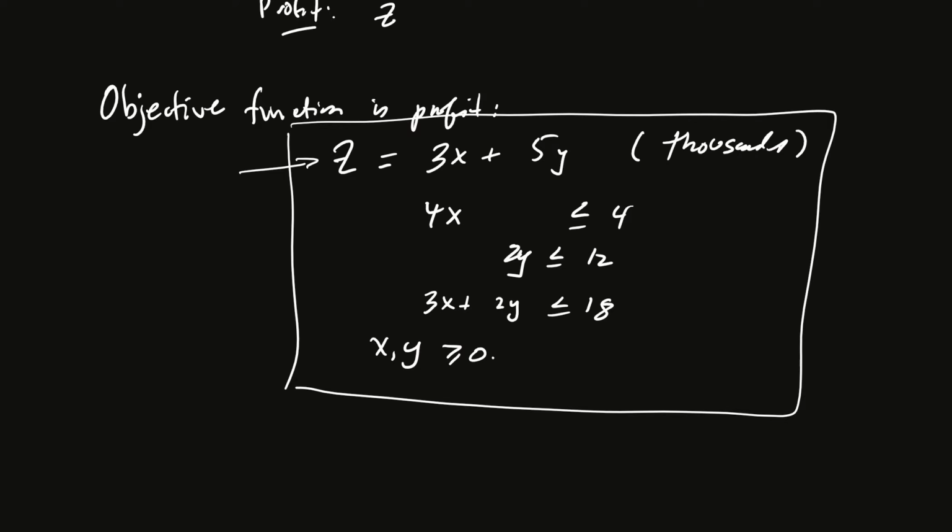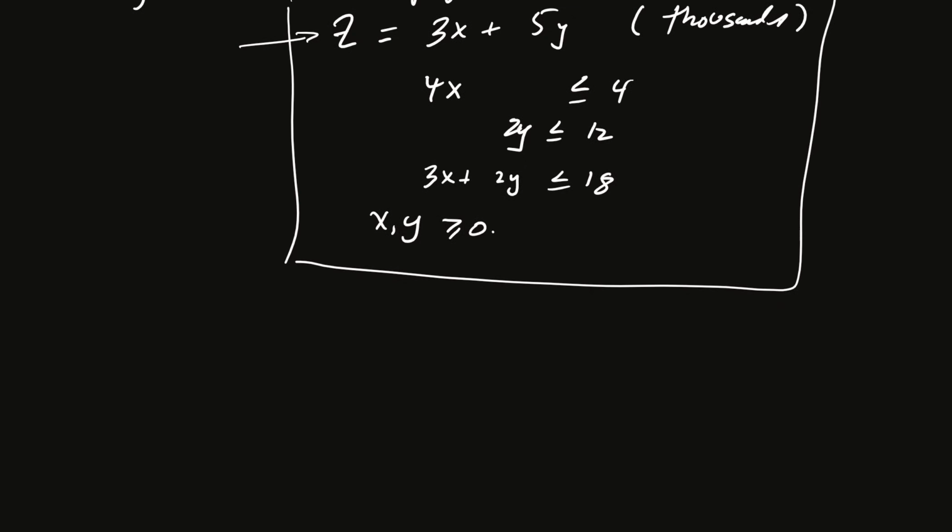Now, how are we going to do this? Well, in calculus, you're either going to look at your critical points or your boundary points. Those are the two things you have to check. If my function of x and y is 3x plus 5y, what's the gradient of f?